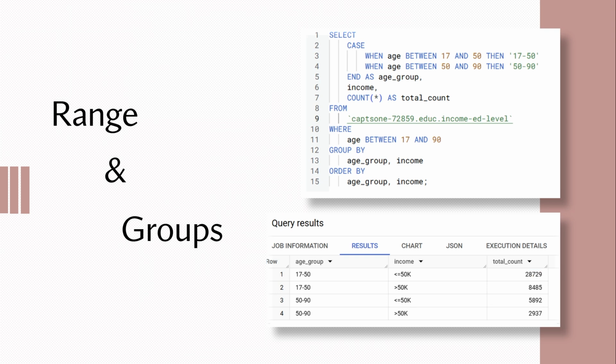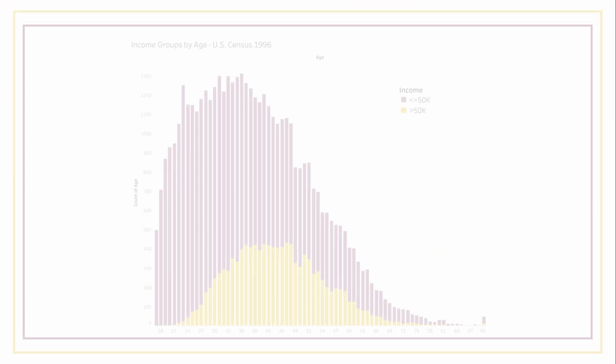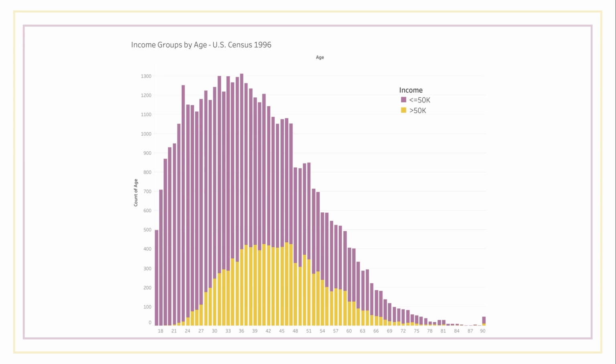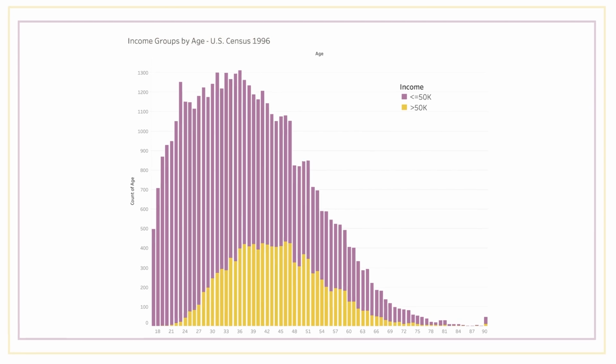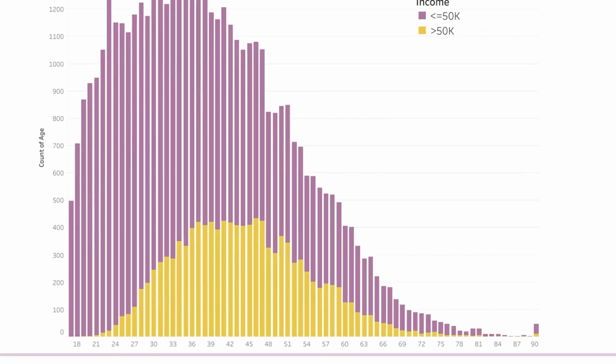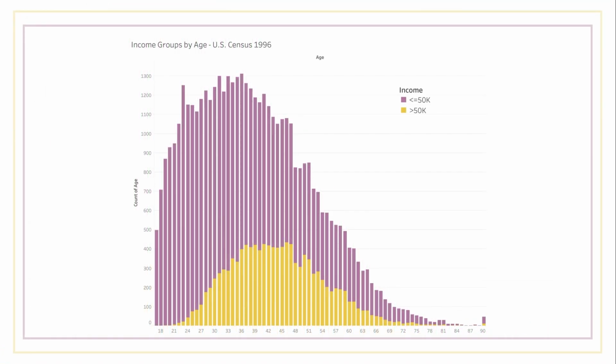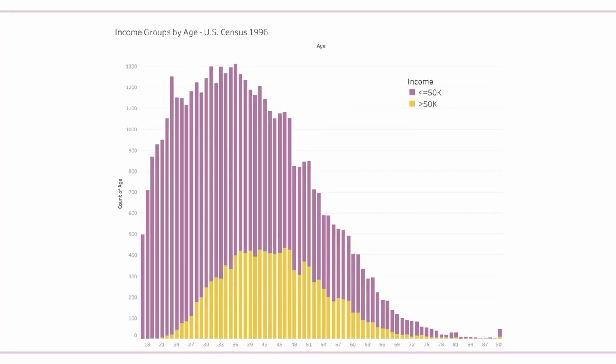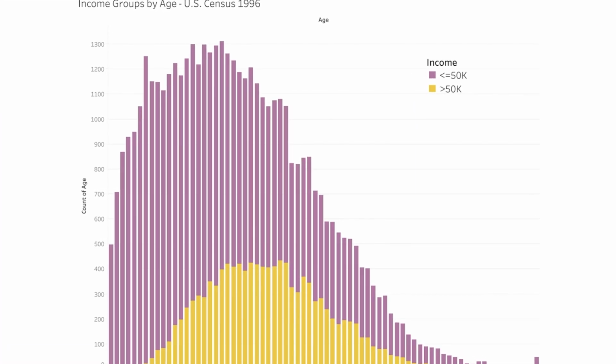Continuing with the group stats summary, I wanted to visualize the stratification of the age range and income groups a little more distinctly. So I plotted the income groups by age from this census. As you can see on the x-axis, the age range is from 17 to 90, from left to right. What you're seeing on the y-axis going up is the total count for that age group.